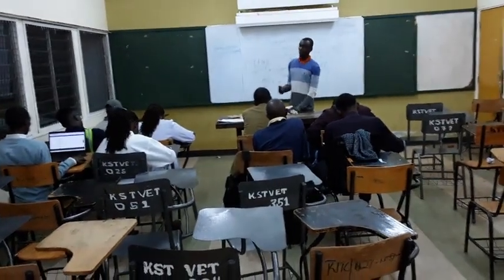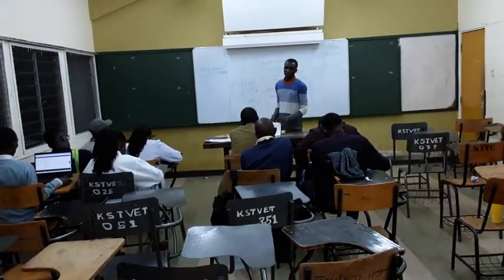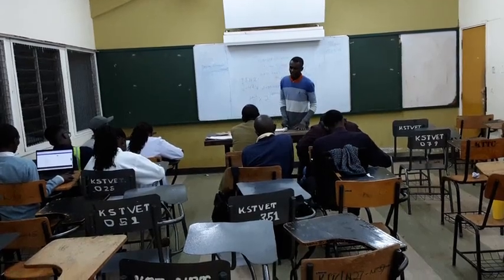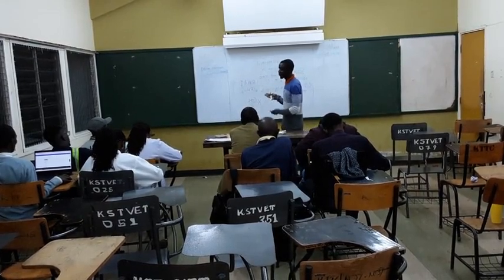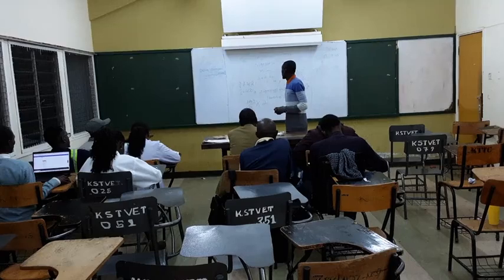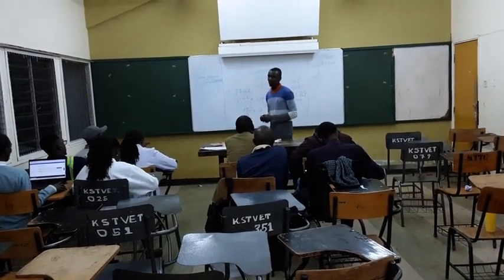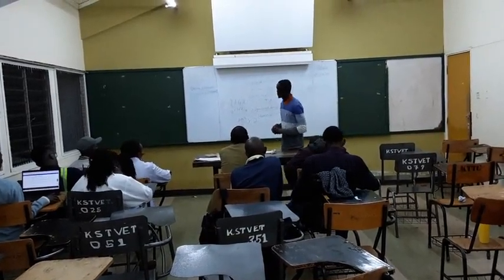So what was the total value? Anyone? The total value of the 4? Yes, 400. Because if you start from my far right, 1 is 1, you have 2 is 20, 4 is 400, right?